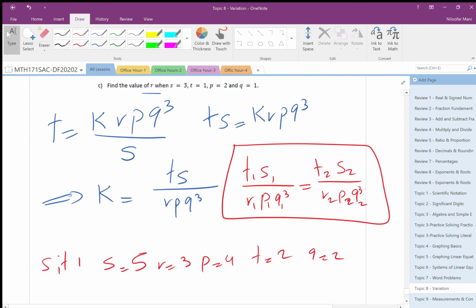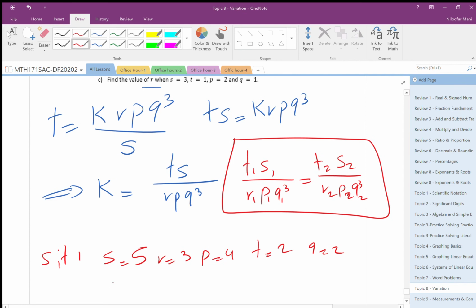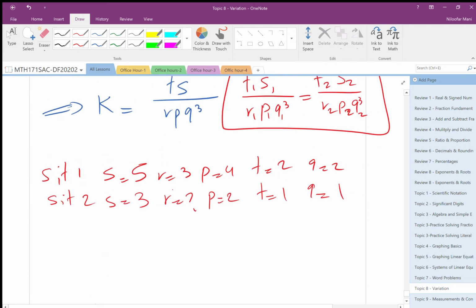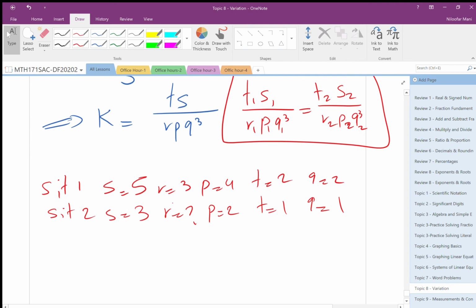And for situation 2, S is 3, R I don't know, P is 2, T is 1, Q is 1. Now I can find it. Let me check: 5, 3, 4, 2, 2.